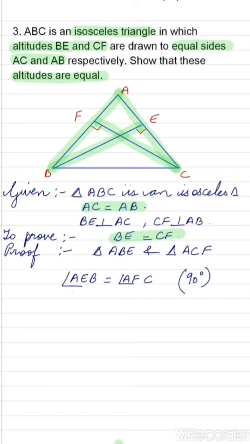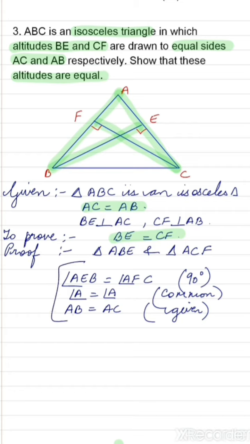Then angle A is equal to angle A, common, and AB is equal to AC, which is given to you. Therefore, by AAS, the two triangles are congruent.